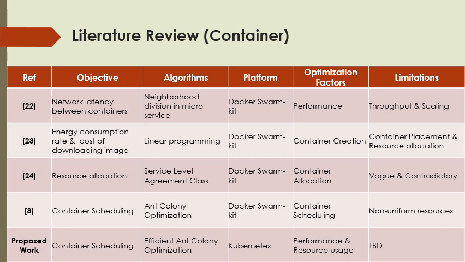The limitations were related to non-uniform resources scheduling. Our proposed work is to improve the container scheduling using efficient ant colony optimization algorithm for Kubernetes, and the factors of optimization would be performance and resource usage.